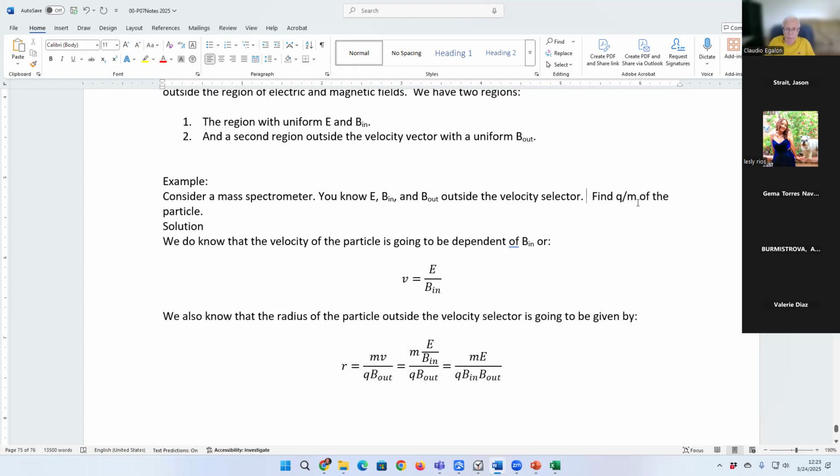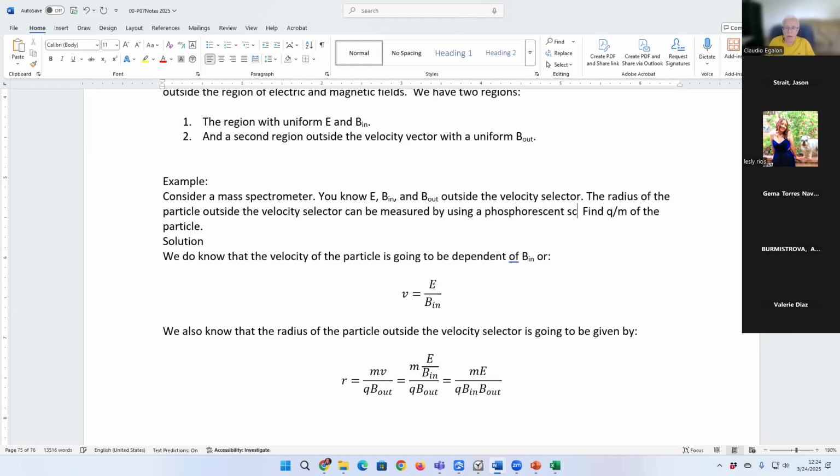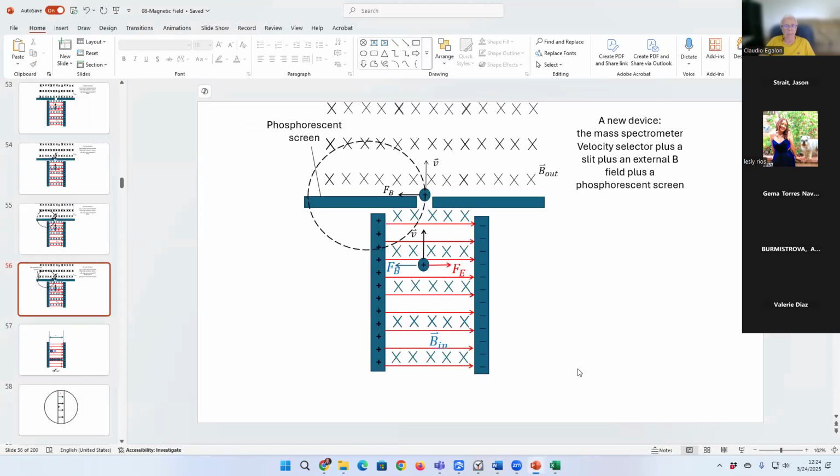One more thing. The radius of the particle outside the velocity selector can be measured by using a phosphorescent screen. Okay, I'm going to illustrate it here in my drawing.